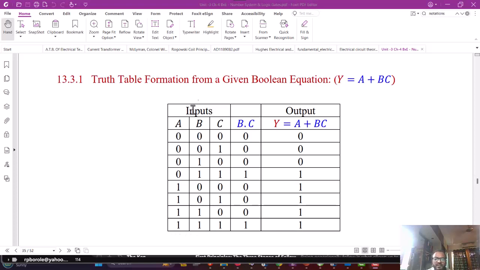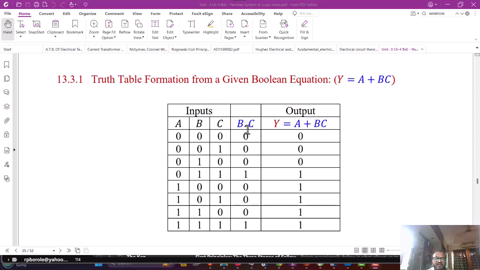So if you see the combination, what is the sub product B and C? See here, B and C, first row, 0 and 0 is 0, 0 and 1 is 0, 1 and 0 is 0, 1 and 1 is 1, 0 and 0 is 0 again, 0 and 1 is 0, 1 and 0 is 0, and 1 and 1 is 1.